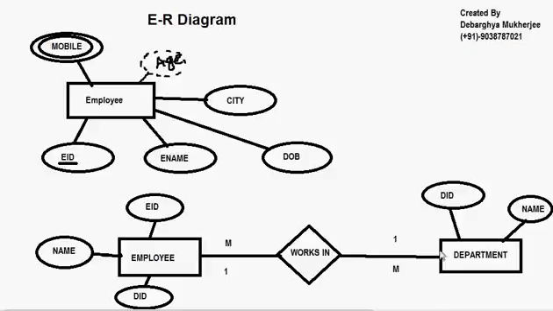Maybe this is your situation, and in one department you have multiple employees, then that is called M to N. So you can have two options. Either you can go by 1:M, where you have one department and multiple employees, or you can write it like this: one employee can work in multiple departments, and in one department you have multiple employees.